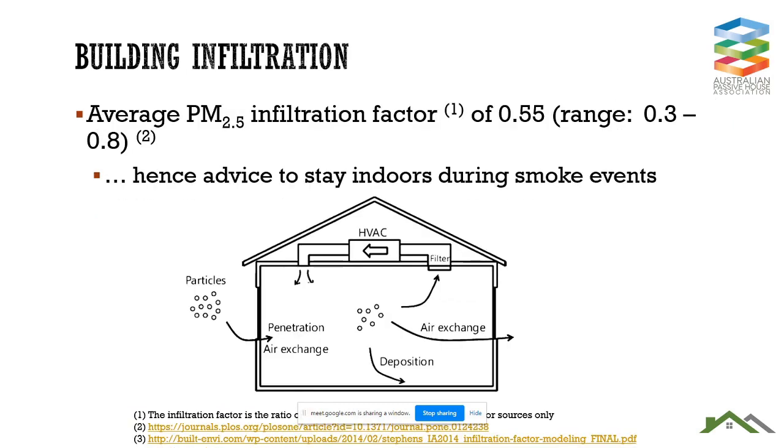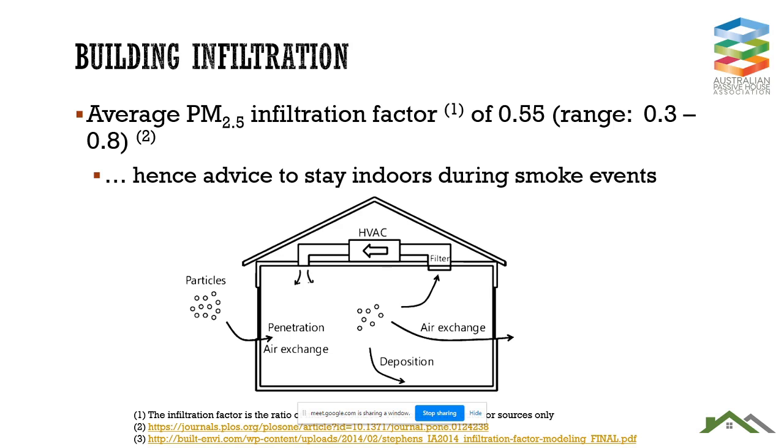All right, but we're all passive house people, so the real question is, is a passive house going to help us avoid these sorts of events? And obviously a building is going to get PM infiltration through the building envelope itself and through the ventilation system.